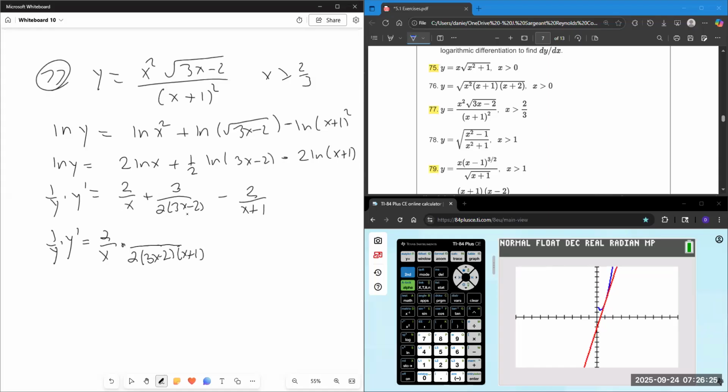At some point, I would just want to leave this, but I think your book is going to always put it all together. Plus 3 over 2 times 3x minus 2 times, actually, let's try something first before I do this.